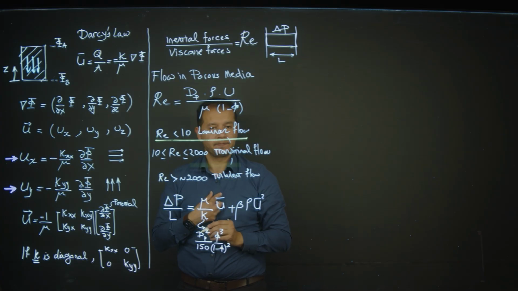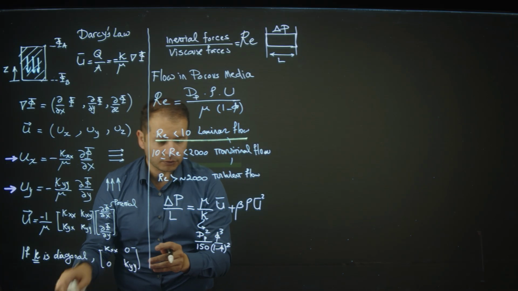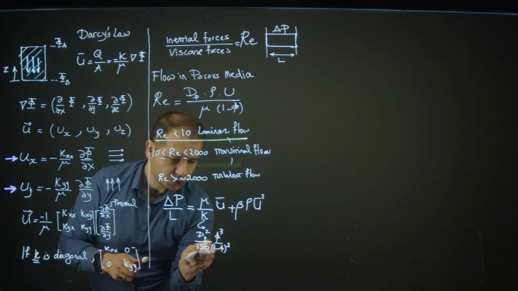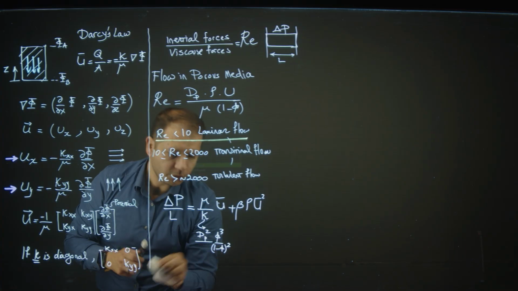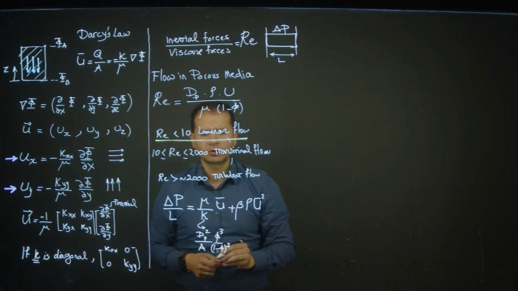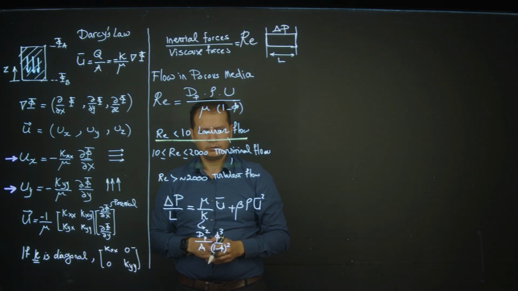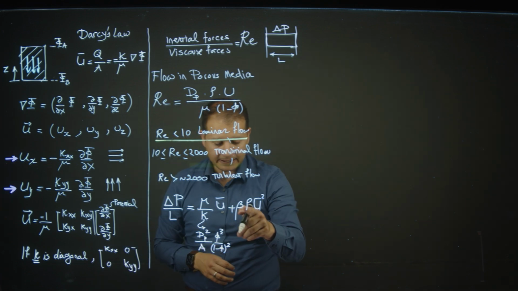That's my K, right? So I can actually take 150 out of this equation. Instead of writing 150 directly, I am going to write it like A. There is a coefficient A here. Fantastic. But then I need to find my B coefficient, the beta one.